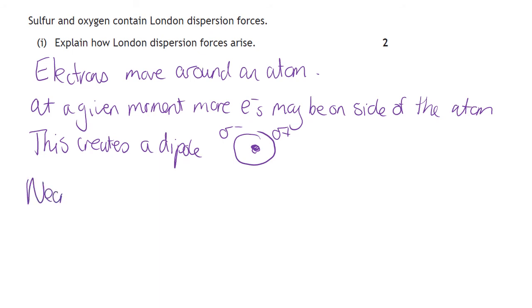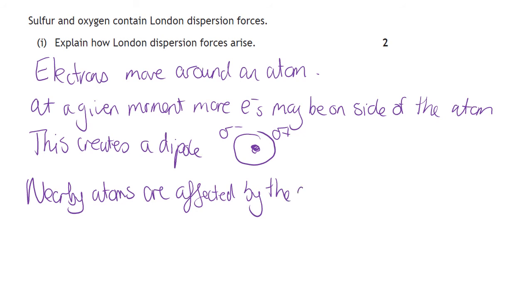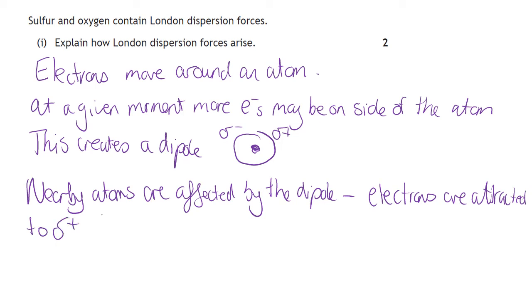Nearby atoms are affected by the dipole. Electrons are attracted to the delta positive, or you could say repelled by the delta negative.